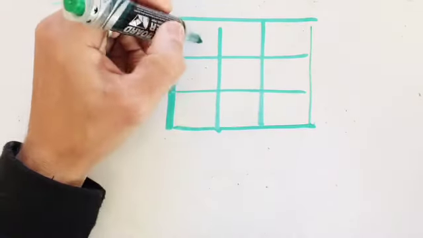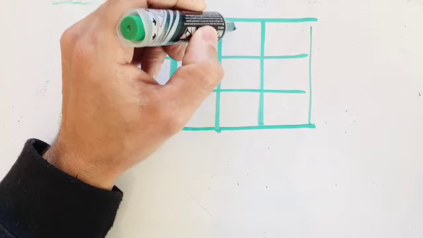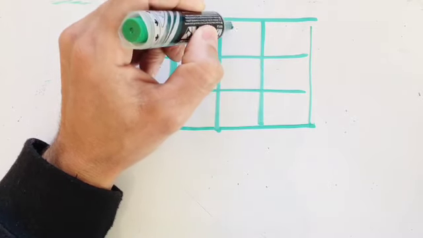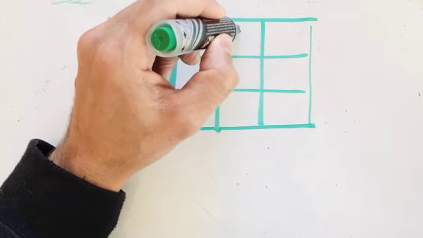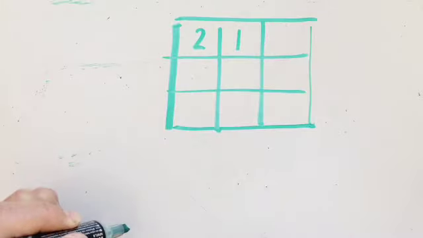So if I had 2 times 1, that would give me 2.